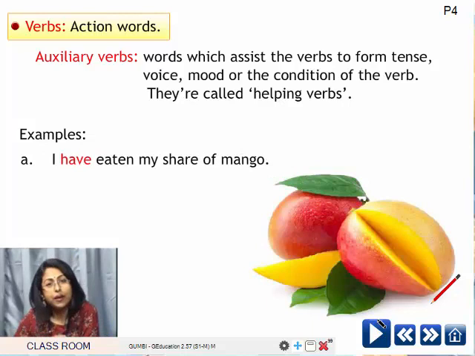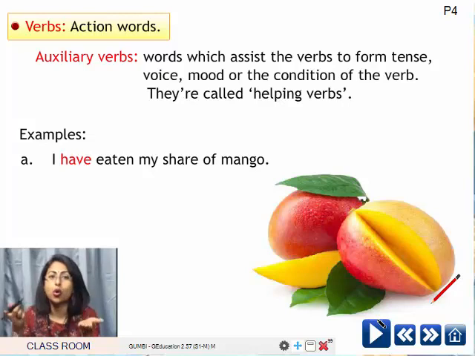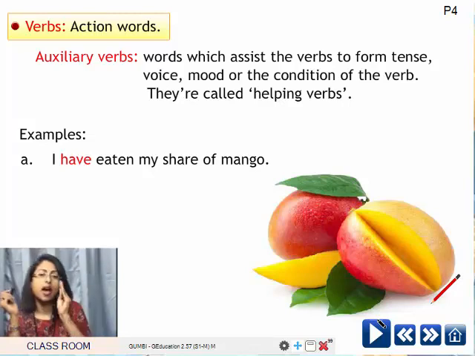Okay, so helping verbs means auxiliaries. It's not a different thing. Helping verbs are nothing but your auxiliaries. Words which assist the verbs to form tenses, voice, mood or condition of the verb are called your helping verbs. So in simple words, students, a helping word is nothing but which adds more information and more sense to your verb.